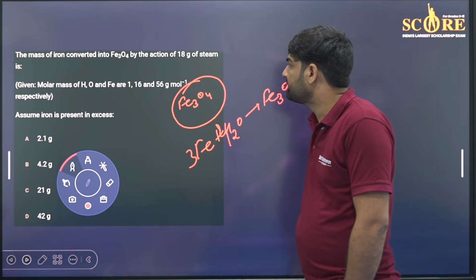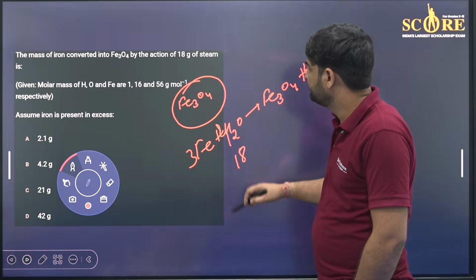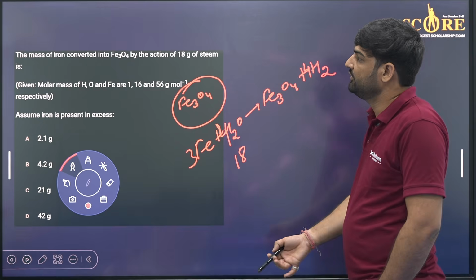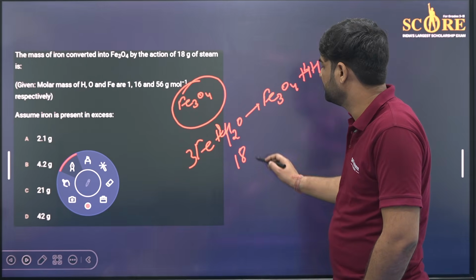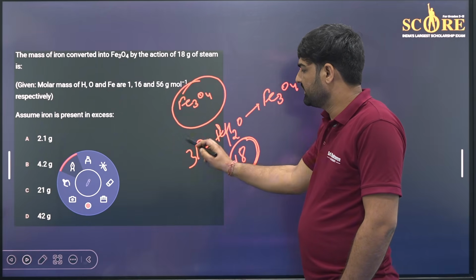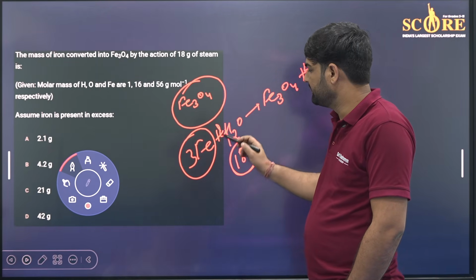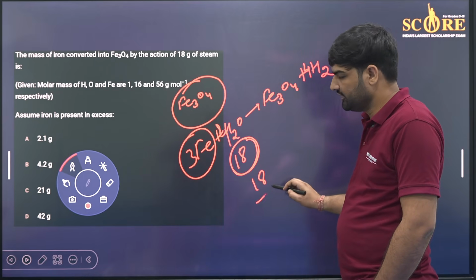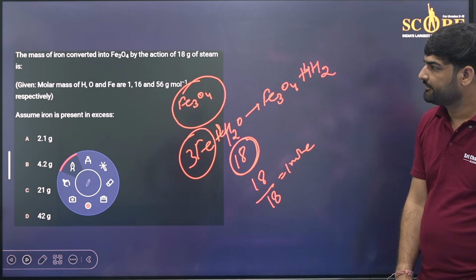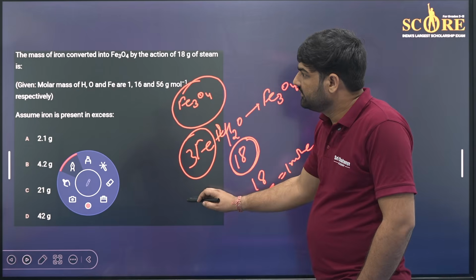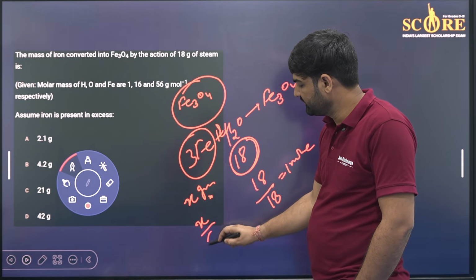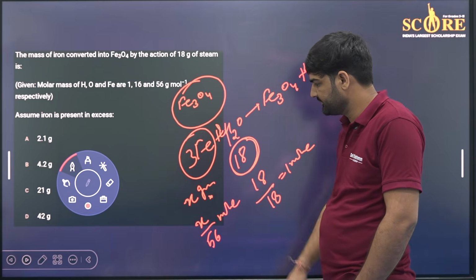Now, 18 gram of steam, mass of iron converted into Fe3O4 by the action of 18 gram of steam. 18 gram steam, how much iron can be converted by the steam? Now you can say 18 divided by 18, this will be 1 mole of steam. Now I assume that mass of iron is x gram, then this will be x upon 56, this is moles of iron.